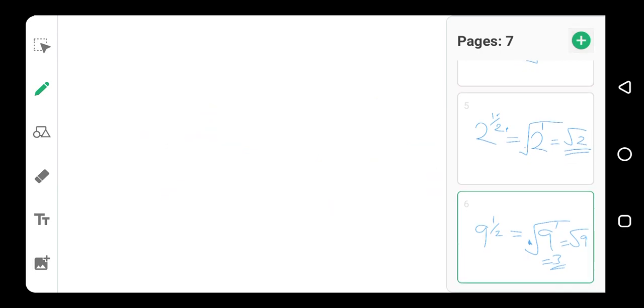Now, what if we have 2 raised to power 1 over 3?